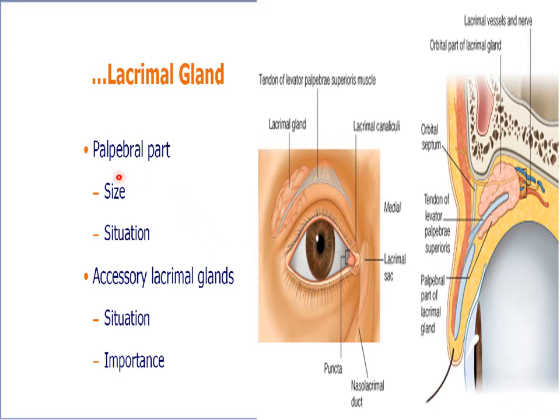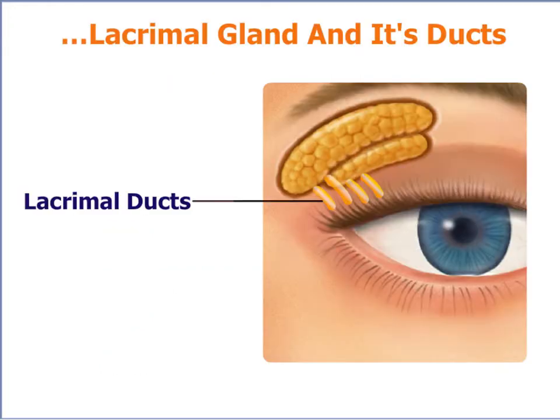So this is about the various parts of the lacrimal gland: the orbital part, the palpebral part, and the accessory lacrimal glands, and their significance. Let us discuss the ducts of the lacrimal gland.